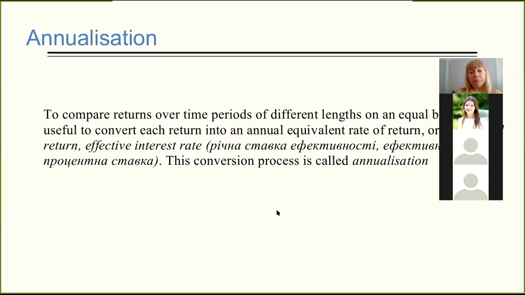We should choose an equal period, and it is useful to convert each return into an annual equivalent rate of return. So we have return, but if it is annual, it will be a rate of return. This conversion process is called annualization. Understand the difference?